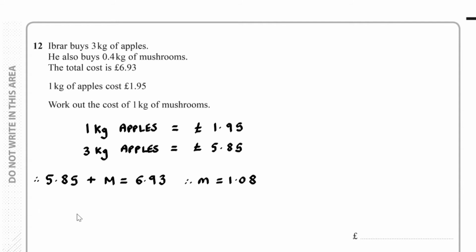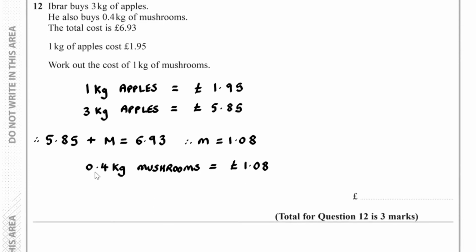So we've got 0.4 kilograms of mushrooms equaling £1.08. What we need to do is find out the cost of 1 kilogram of mushrooms.